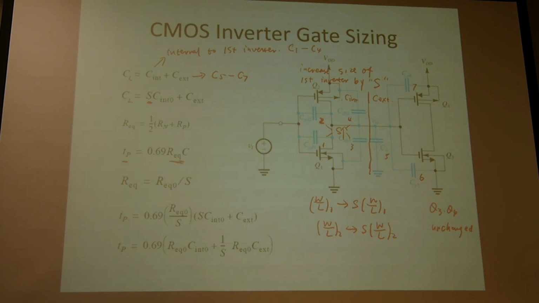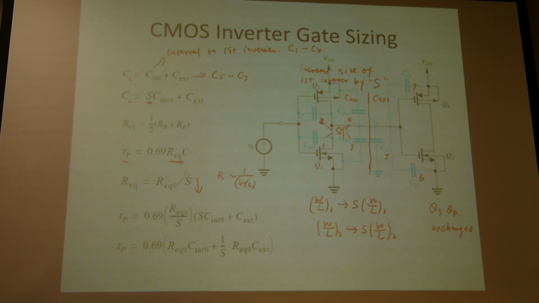But if you increase the size by S, your equivalent resistance will reduce by S, because the resistance is proportional to 1 over W over L. If your W over L increases, then the resistance will reduce by this factor.